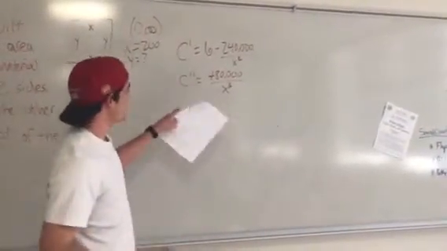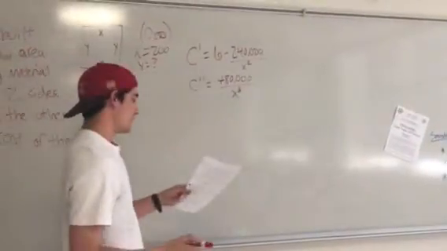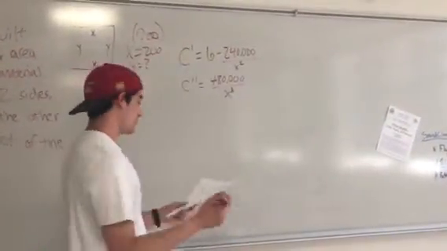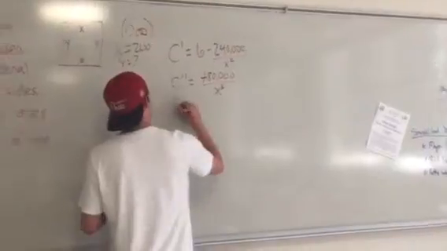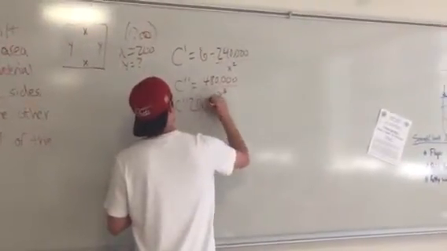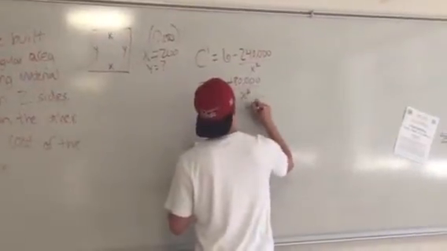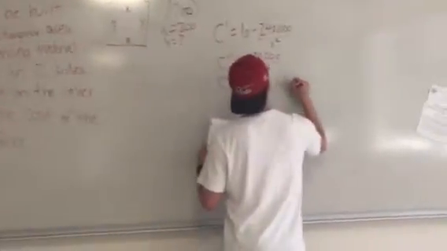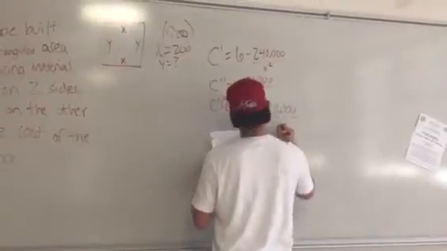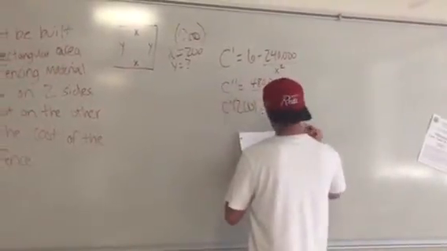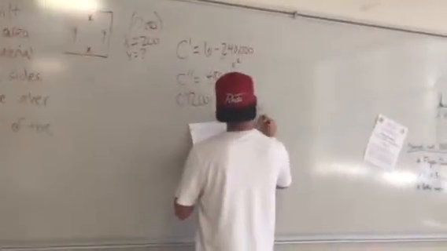Now we need to evaluate the second derivative of C at the critical number x, which is 200. So C double prime of 200 equals 480,000 over 200 cubed.